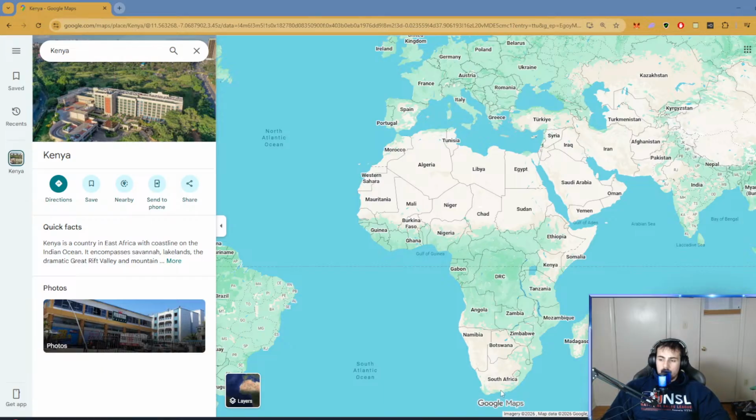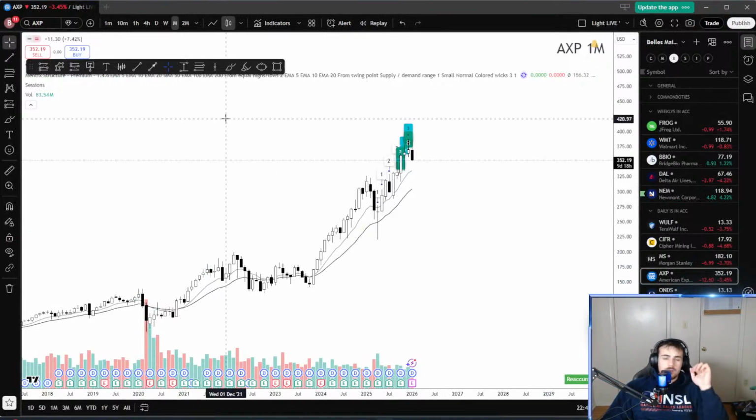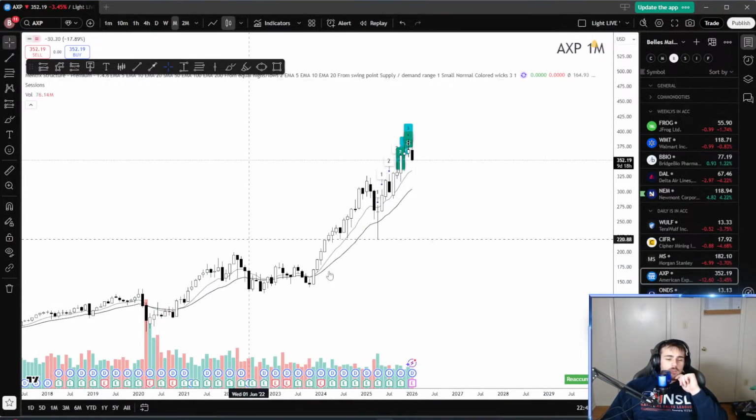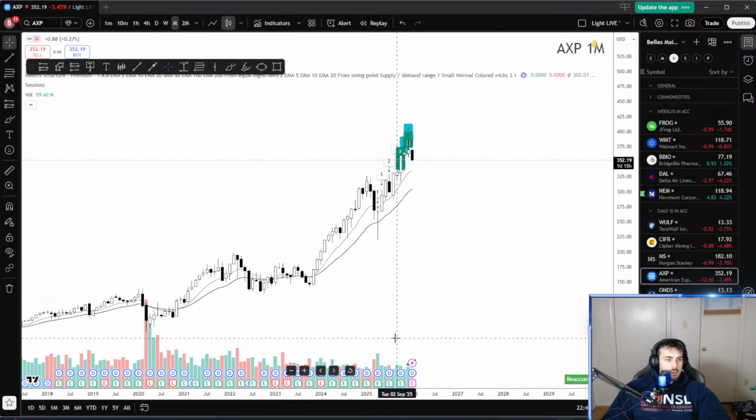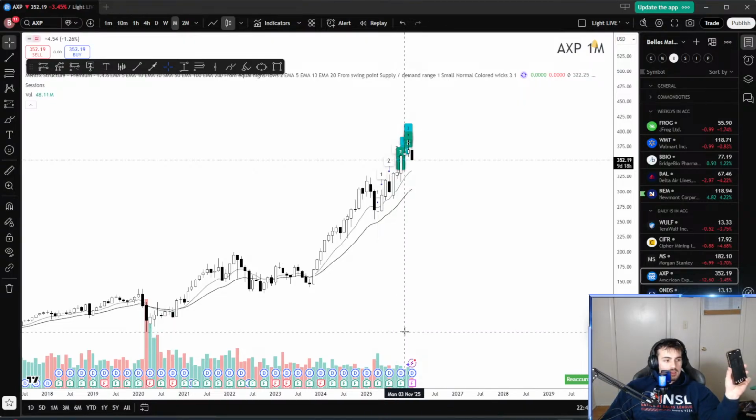I have a phone only. Do you know by any chance any free backtesting app? Yeah, of course, man. TradingView has an app. So I'll show you right here on my phone. Once it loads, I'll show you.